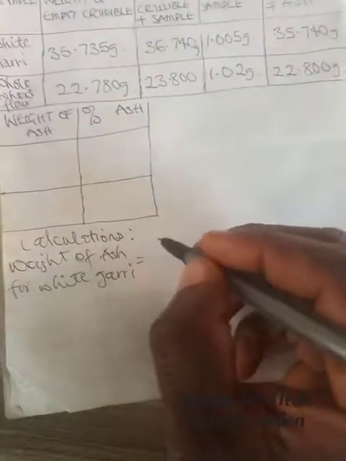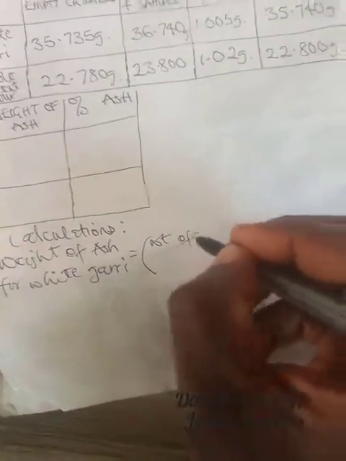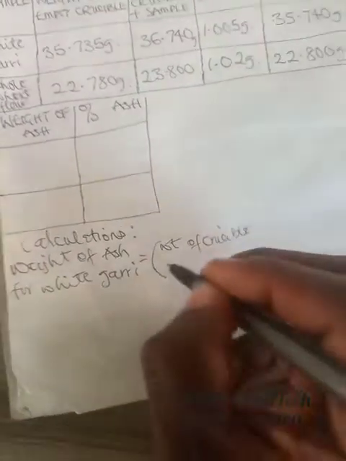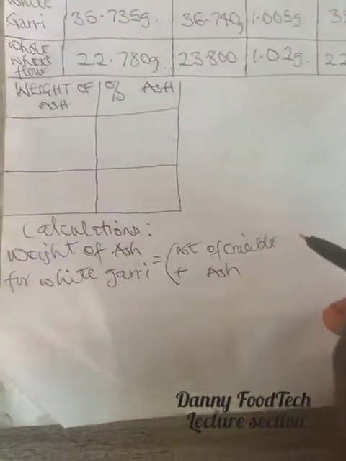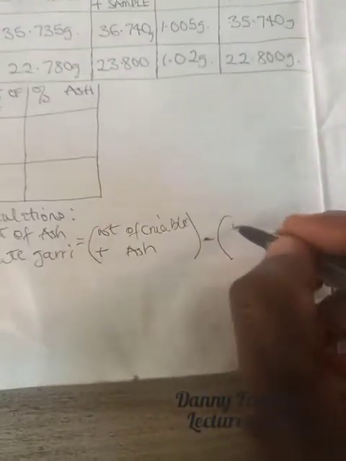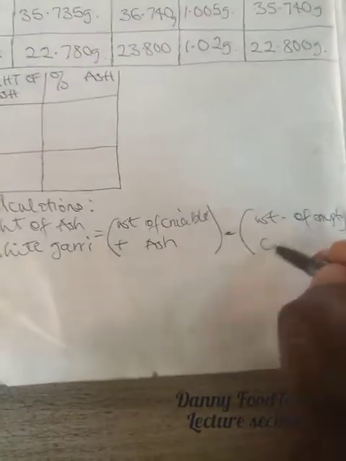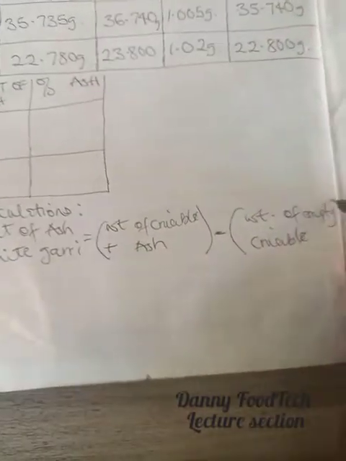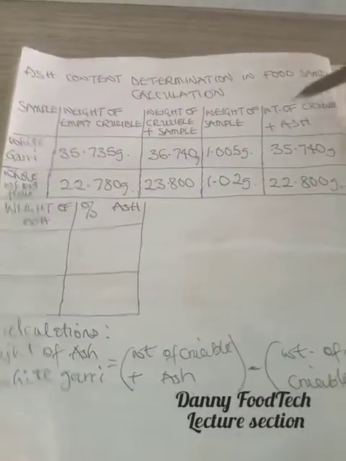To know the weight, it is the weight of crucible plus ash minus the weight of empty crucible. Now remember, we had the weight of empty crucible and then the weight of empty crucible plus ash.